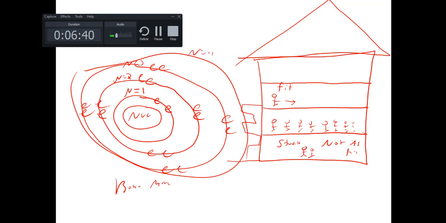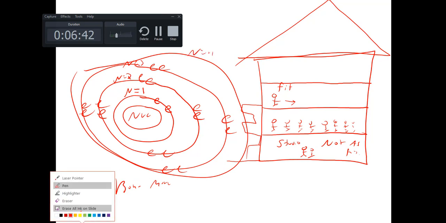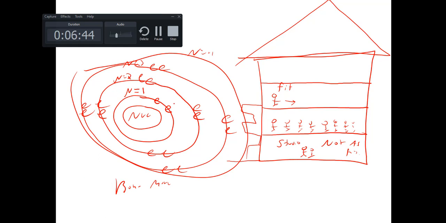Now you'll notice a pattern here. In the first energy level, the maximum occupancy is 2 electrons. So we call that the duet rule because it only fits 2. On the other hand, in the second energy level, you can hold up to 8 electrons. So we call that the octet rule.